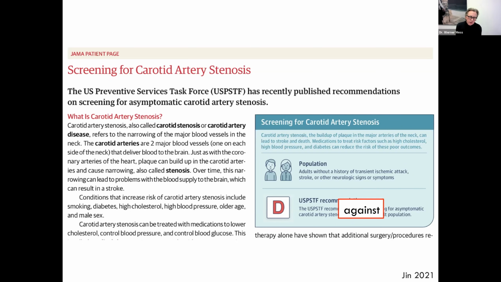The main argument is that they are afraid that patients who have an asymptomatic carotid artery stenosis will undergo harmful, for example, surgical procedures. And you just saw the slide with the horizontal red line indicating that this is a real scenario.